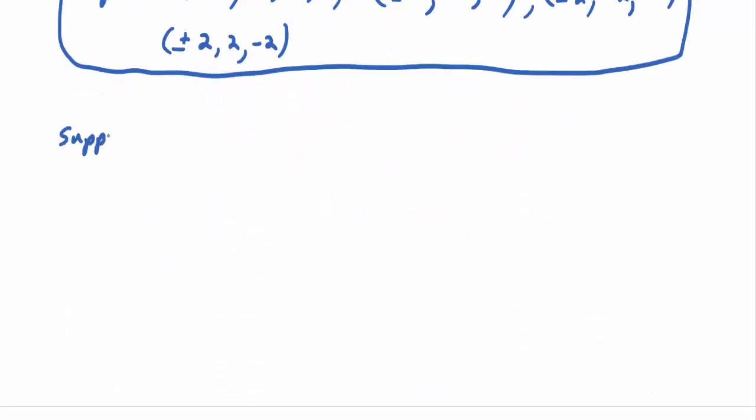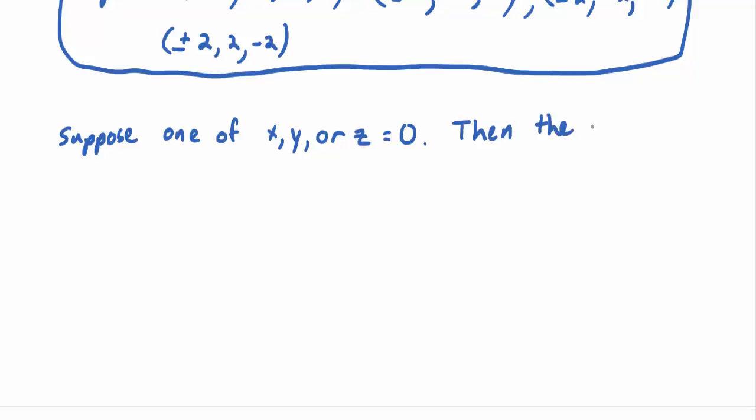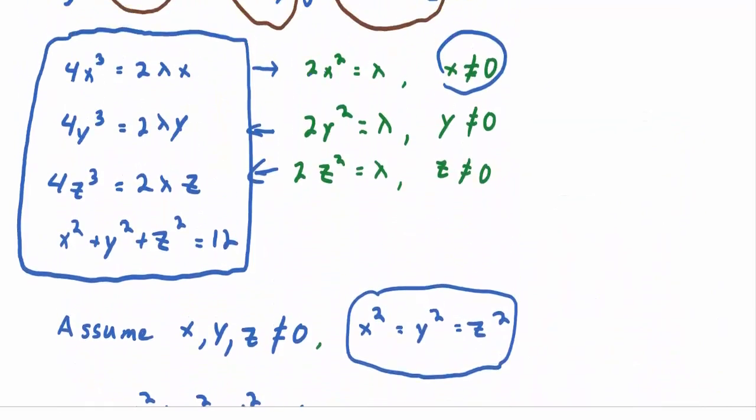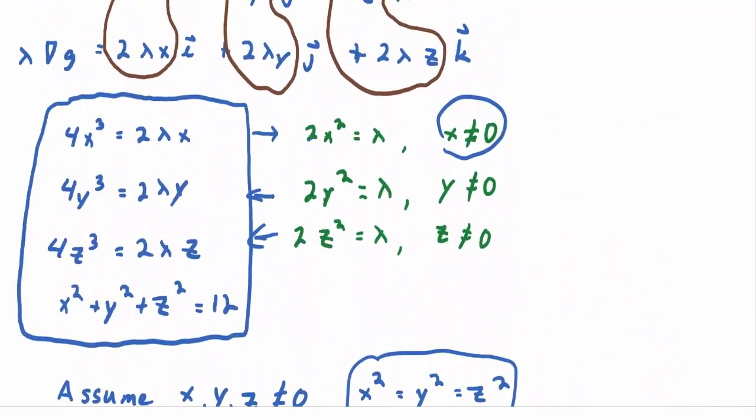Suppose one of x, y, or z is equal to 0. Then the others equal what? Well, these equations are still valid for the other two.